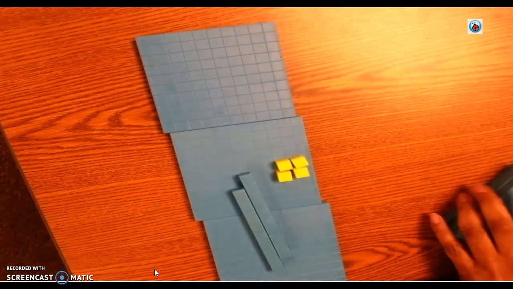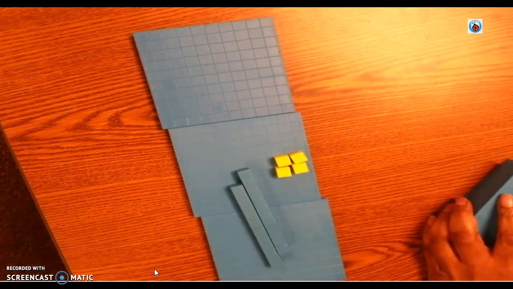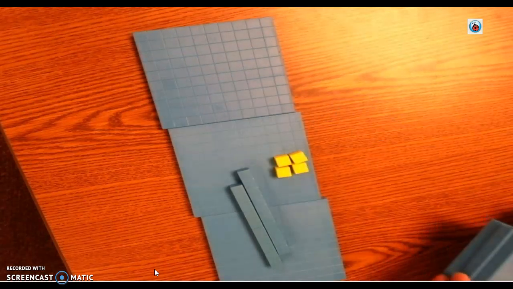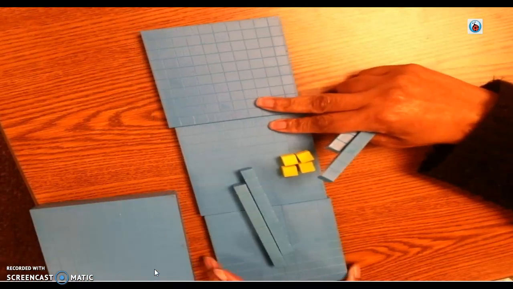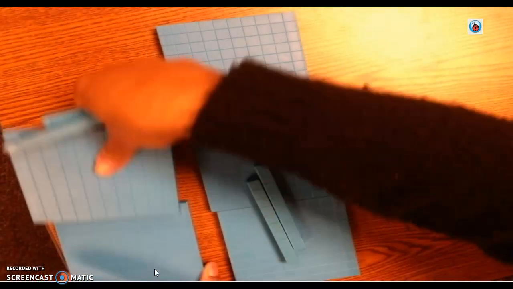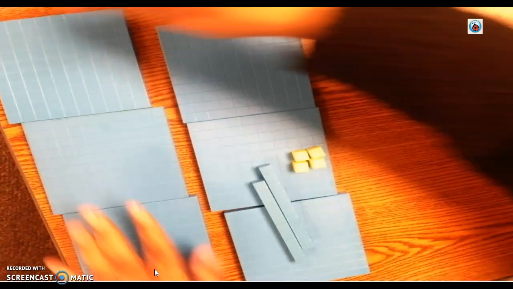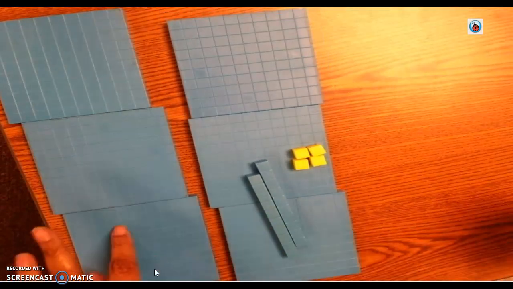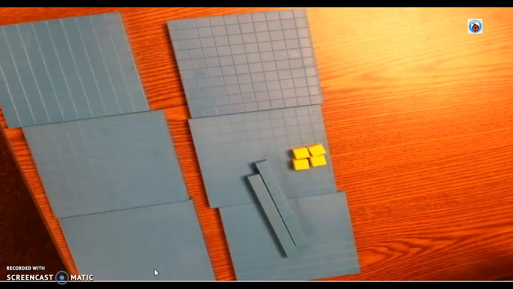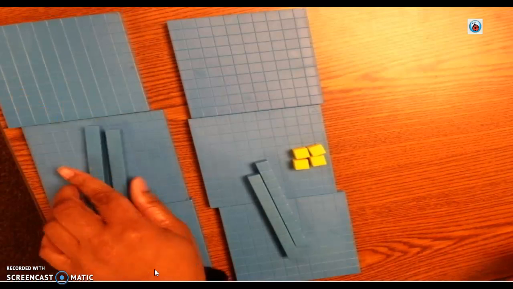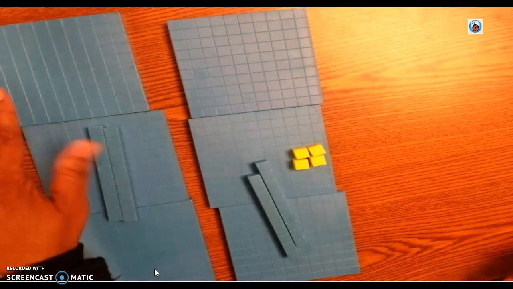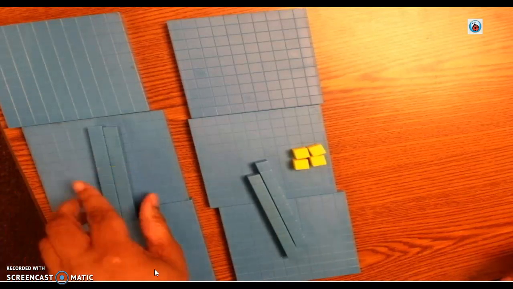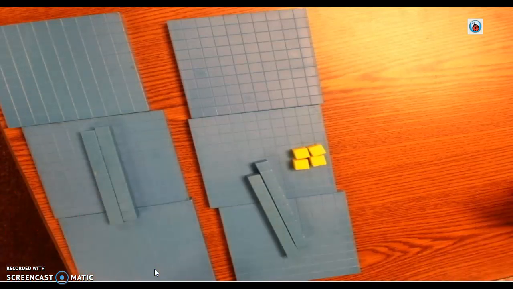So I can see that I have these ones, so I have the 3 and the 2. So this is 32 hundredths.